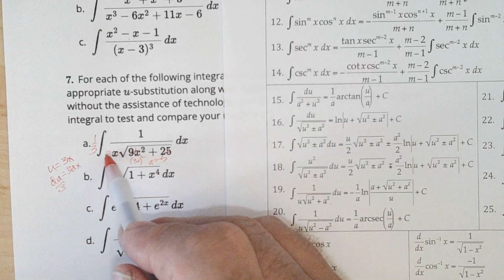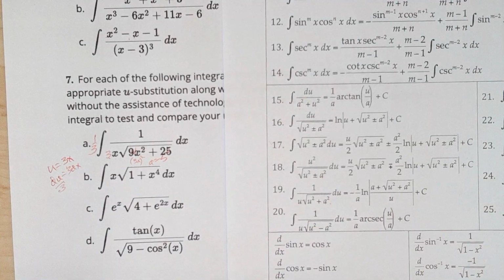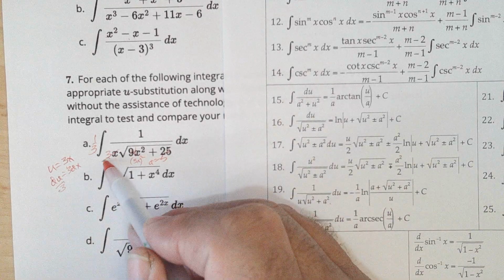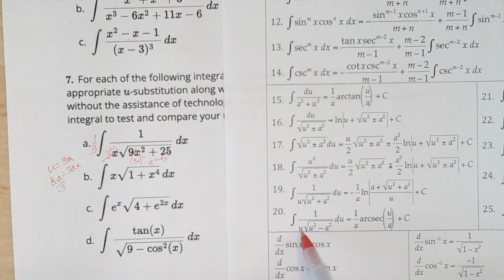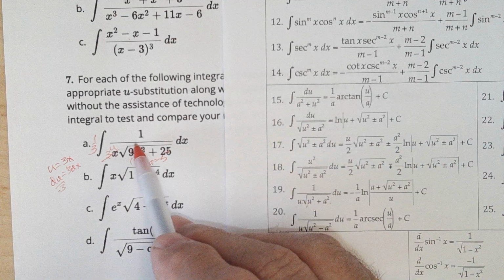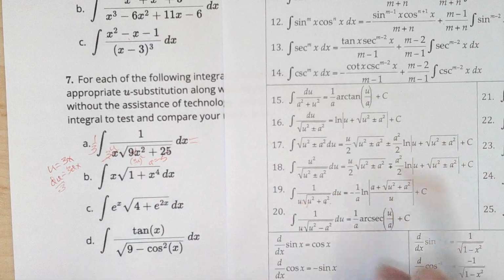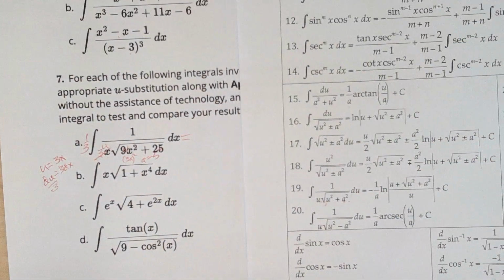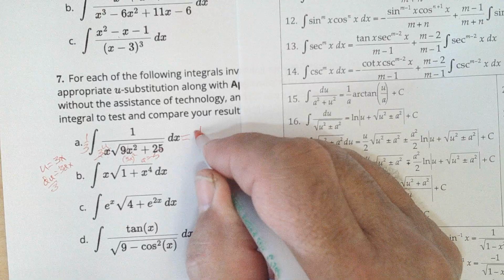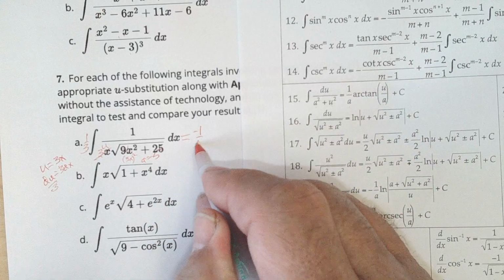And this 3 will make that 3x be a u. And so I get u square root of u squared plus 5 squared, which turns into minus 1 over a. And a was 5.